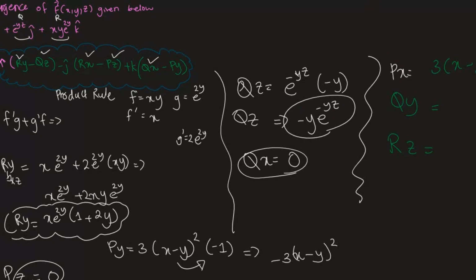We are differentiating with respect to y. Like I explained before, we write the same thing, e to the power of negative yz, and multiply by the derivative of the inside function. This is going to be 1 and this is a constant, so negative z. So this leads to negative z e to the power of negative yz.